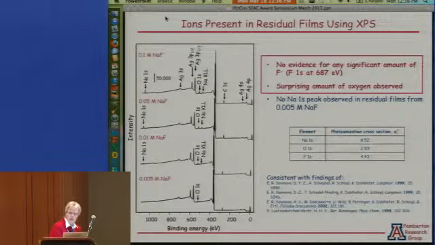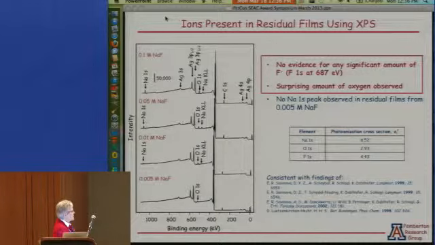We did XPS on these immersed electrochemical interfaces, and this is actually something that was tried back in the 80s, and it was always somewhat questionable about what was being observed. The interesting thing about these measurements is that there was absolutely no evidence for any significant amount of fluoride in these interfaces. Okay, whereas for both concentrations, that should be one of the predominant ionic species.